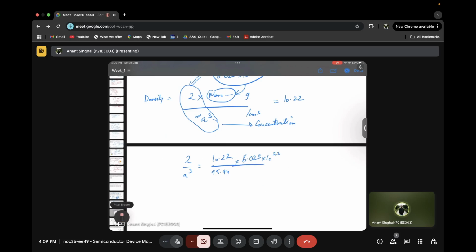If we calculate a, it should come out to be, I'm trying to write the final answer, around 3.147 times 10 to the minus 10 meter.